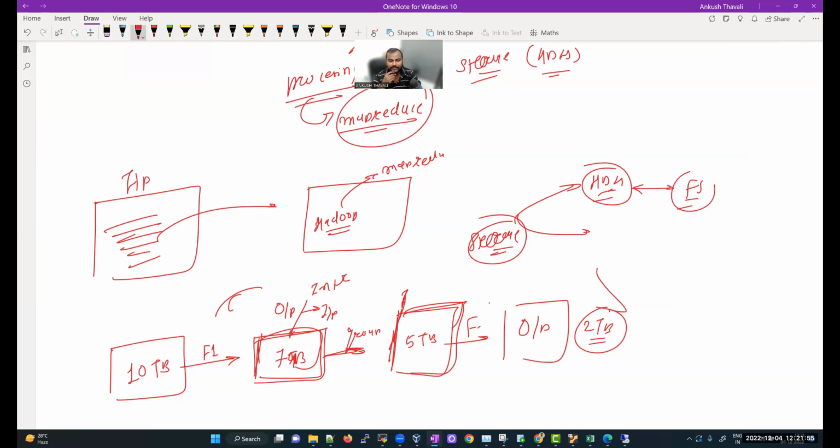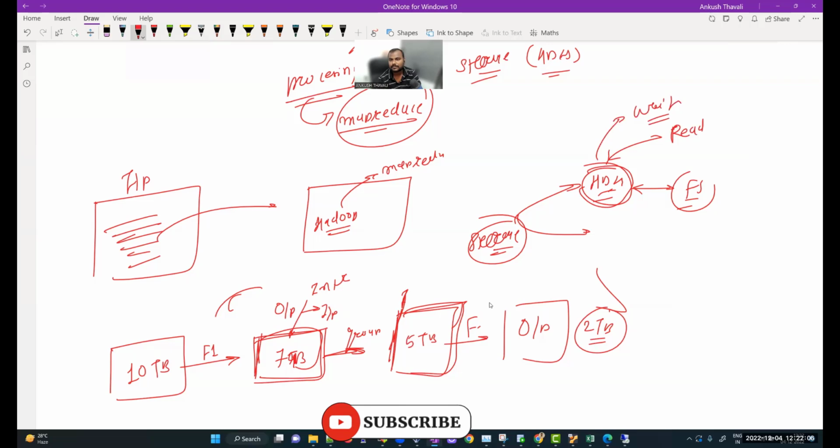And you know that anything written to the storage level, the read operation and write operation, is very costly. Read and write is very costly whenever you are storing your data to disk.